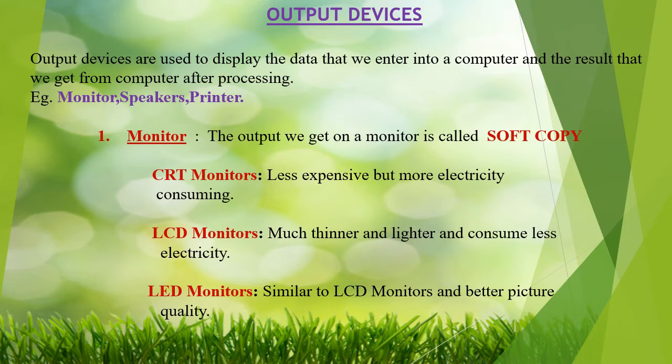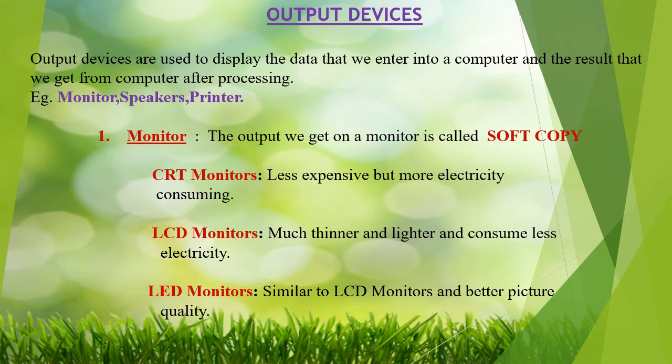There are three types of monitors in the market. The first one is the CRT monitor. They are less expensive, but they consume more electricity. The second one is the LCD, liquid crystal display monitor. It is much thinner and lighter than CRT monitors, but it has a shorter lifetime compared to that, and it consumes less electricity also.